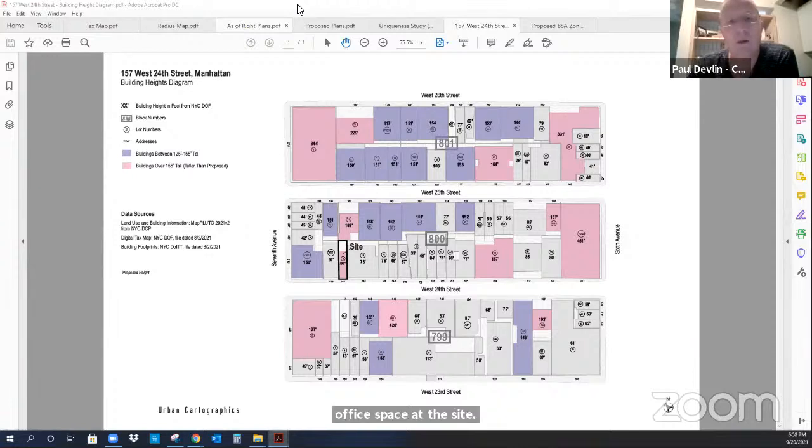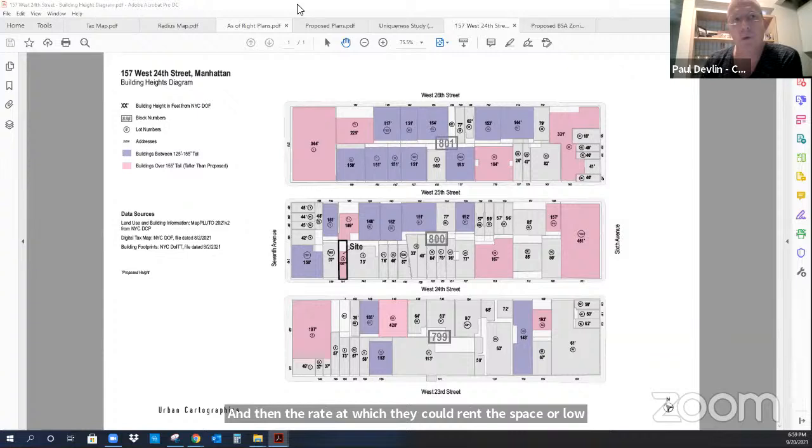Yeah, the description in the analysis shows that the footprint size is not as desirable for commercial space. A 15-story building with one elevator is a long wait for a commercial space. And then the rates at which they could rent the space are lower than the rates at which they could sell the condominiums, the breakdown by square foot.